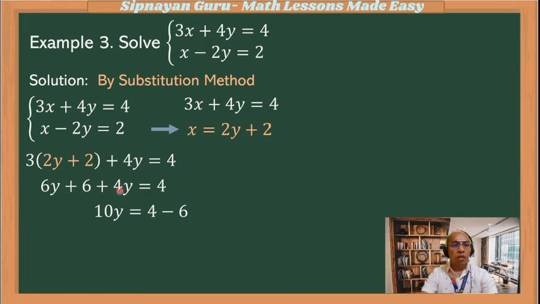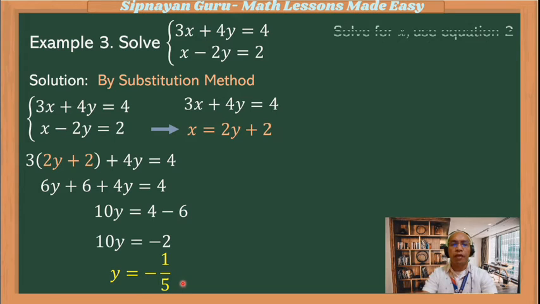So 6y plus 4y is 10y. Copy 4. Transpose positive 6 to the right side of the equation, so that would be negative 6. So 10y is equal to negative 2. Divide both sides by positive 10. So this would be y is equal to negative 2 over 10. In lowest terms, negative 1 over 5.